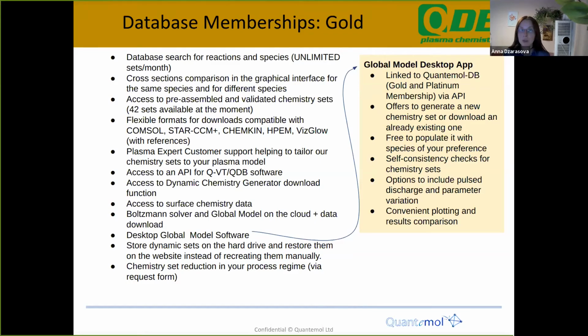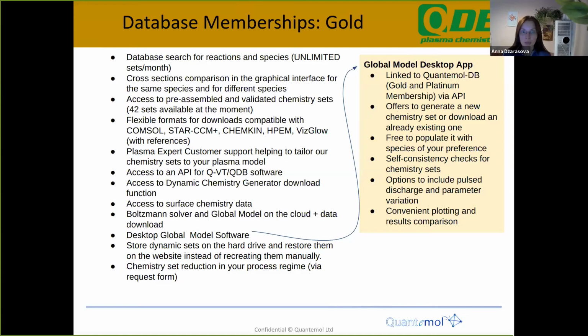You can download them in very flexible formats, compatible with different softwares, and we can possibly add software if you wanted us to. There's also Plasma Expert customer support, so you can always email us and we will be happy to answer your questions and give recommendations.